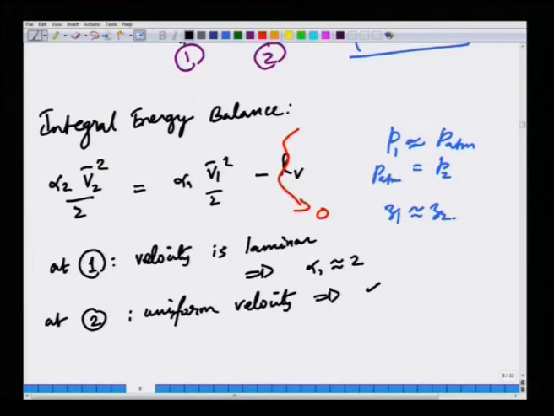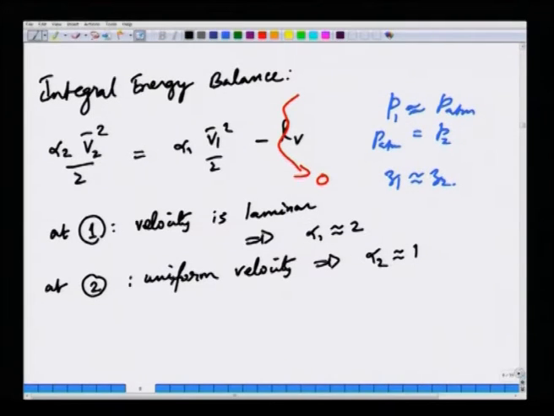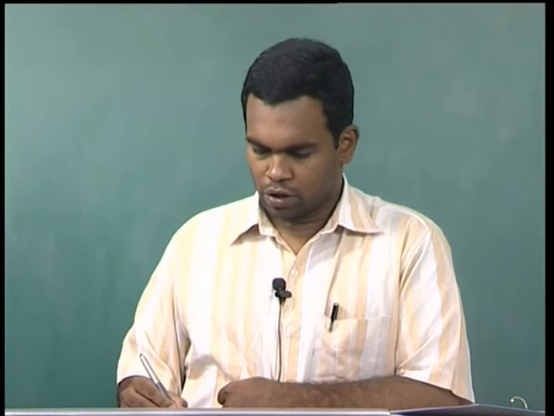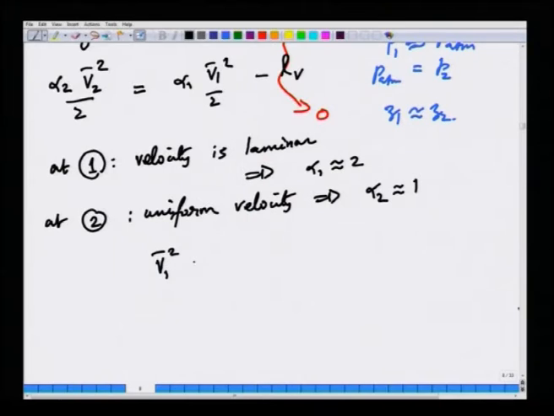Which implies alpha 2 is 1. So after doing this, we will find that v1 squared is equal to v2 squared by 2, or v2 squared is 2 v1 squared.